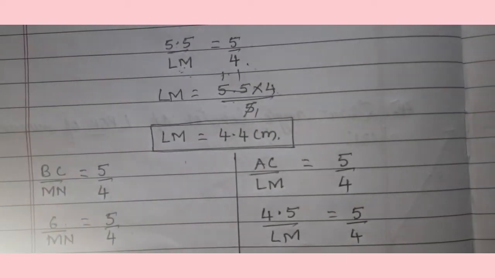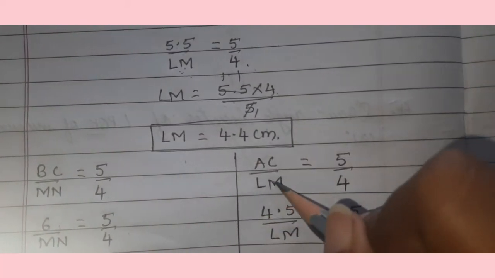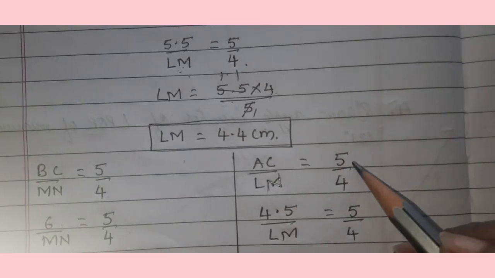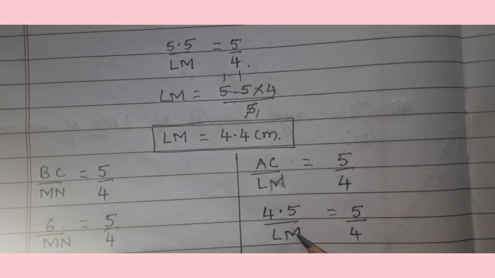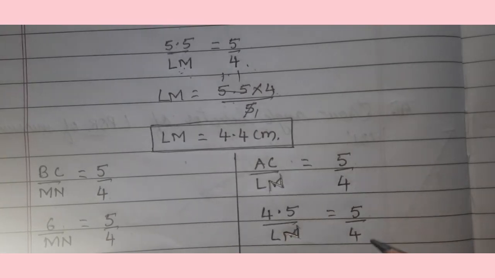Now the next one, that is AC upon LN equal to 5 upon 4. 4.5 is the value of AC. So 4.5 upon LN equal to 5 upon 4.